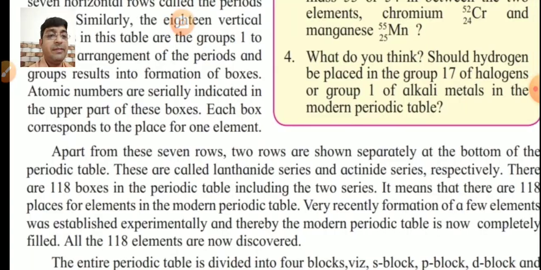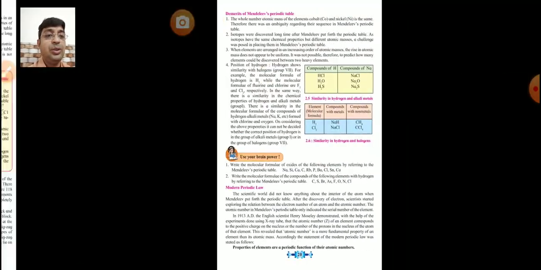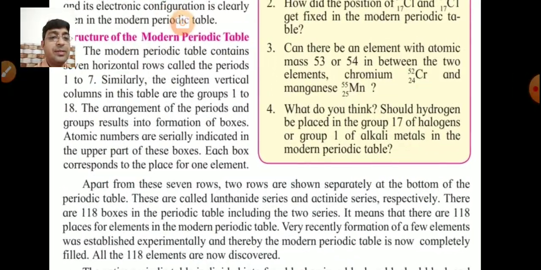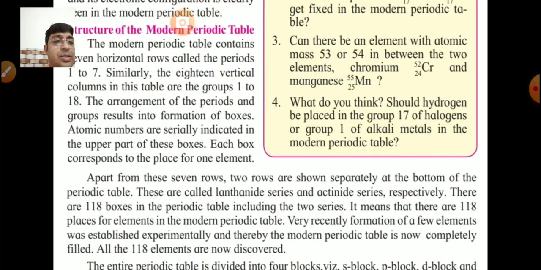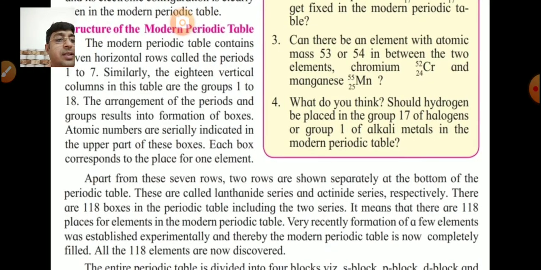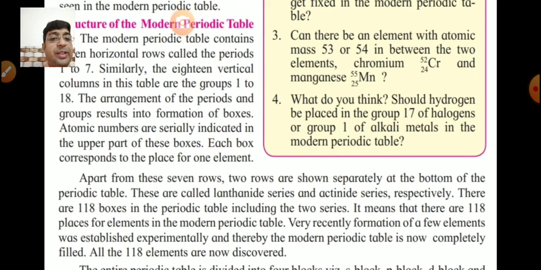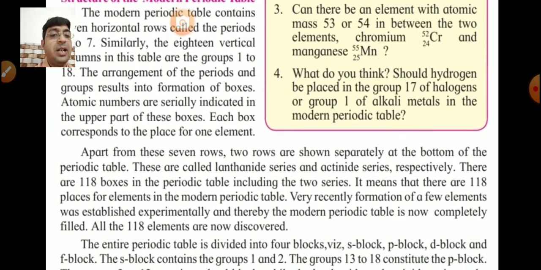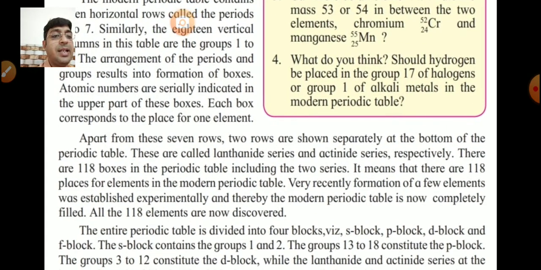Apart from these 7 rows, 2 rows are shown separately at the bottom of the periodic table. These are called the lanthanide series and actinide series, respectively. There are 118 boxes in the periodic table, including the 2 series.